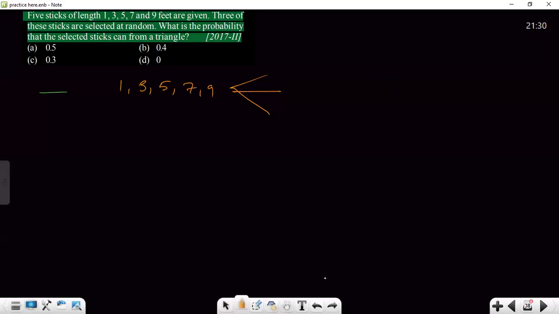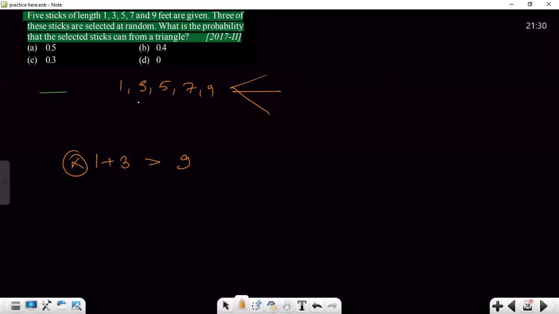Okay, so for making a triangle, they have to follow a certain rule. Now let's take the shortest sides. 1 plus 3, is this greater than the longest side that we have, the option 9? No, it's not. So the sticks of length 1, 3, 9 will not be able to form a triangle.